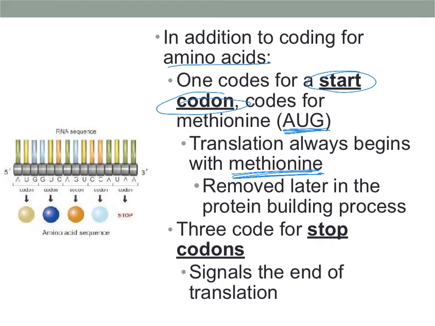Most of the time it's removed when the protein gets bent into its tertiary shape, but it's there to start. There are 3 different codes that would be stop codons, which would mean stop translating, stop building the protein, you're done. So there's one start codon, AUG, and 3 different stop codons.